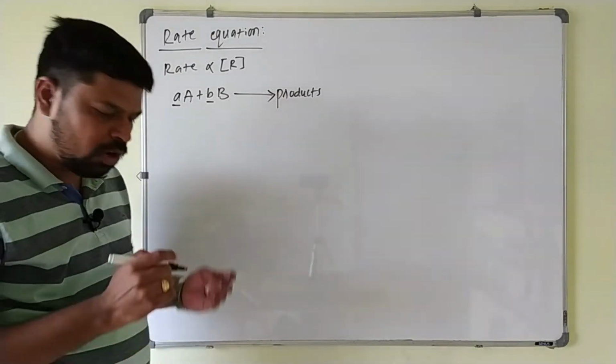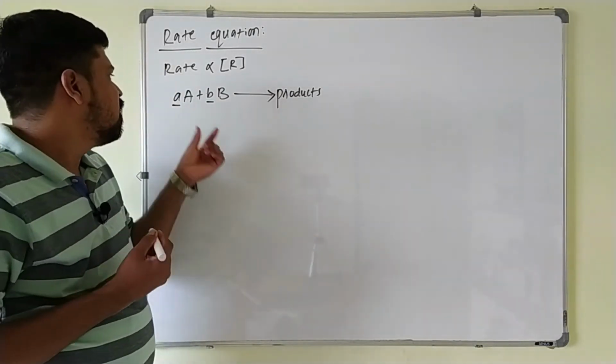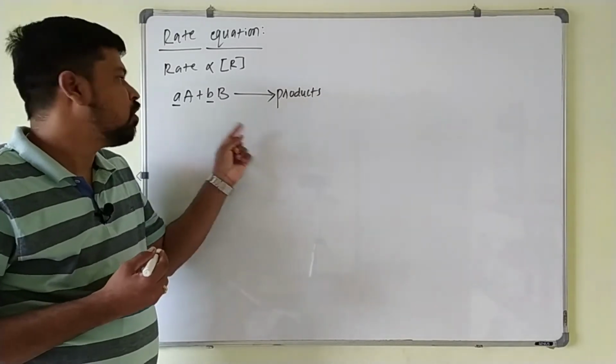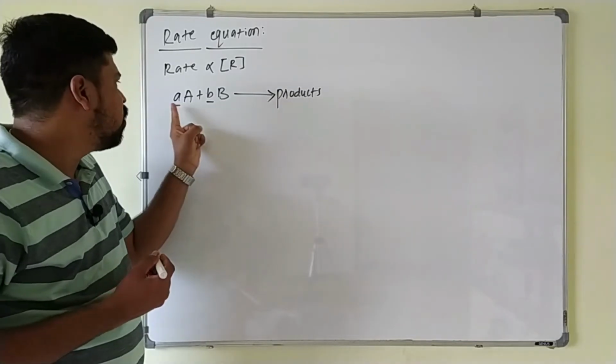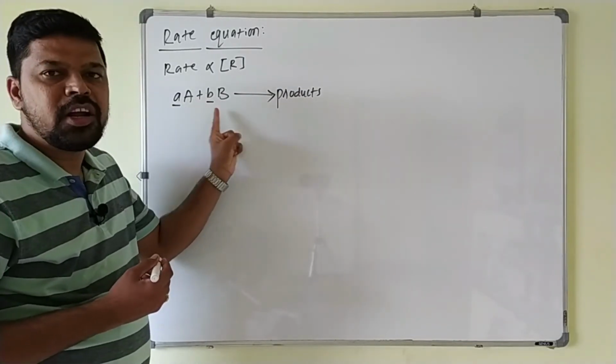Now according to the law of mass action, we know that the rate of the reaction is directly proportional to the molar concentration of the reactants raised to the power equal to their stoichiometric coefficient.